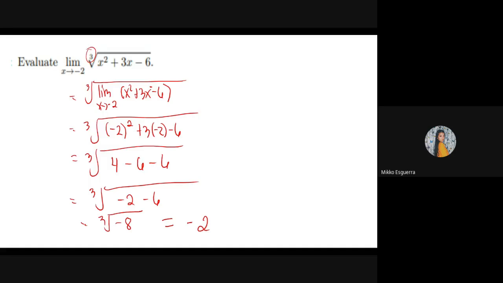So therefore, the limit of the cube root of x squared plus 3x minus 6 as x approaches -2 is equal to -2. Very good. It's fantastic work.